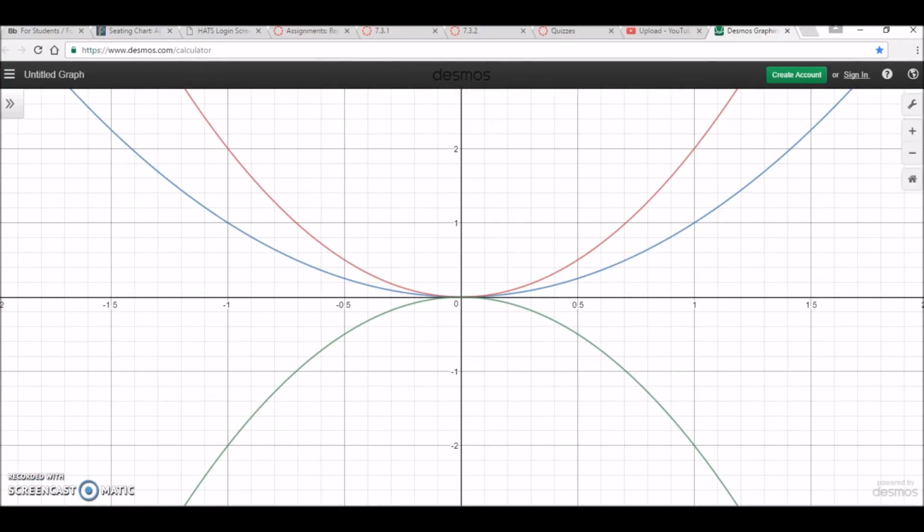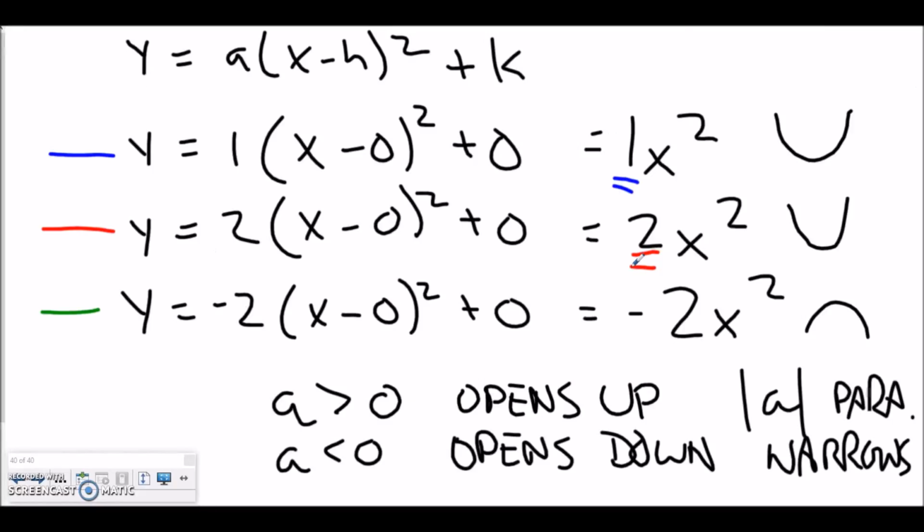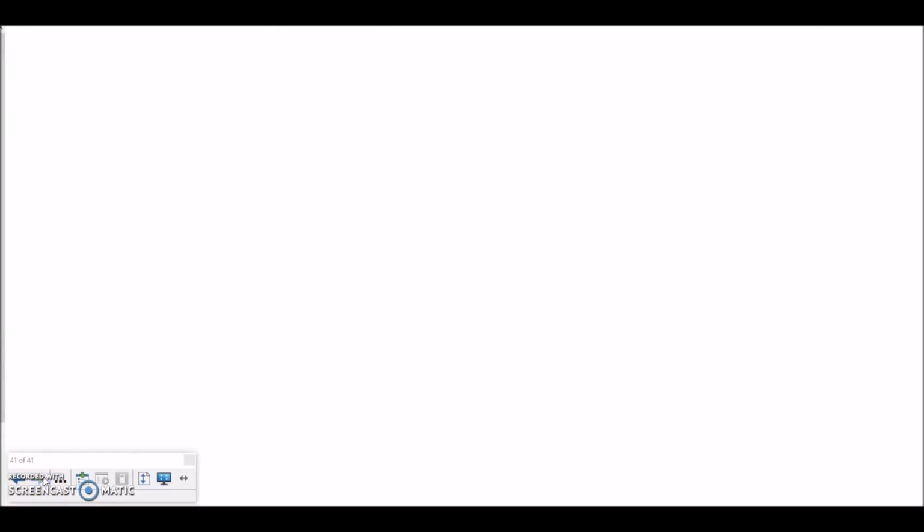The red is narrower. It's a narrower or smaller parabola in a way. All right, and those are our rules about a. Now let's look at some examples for h and k.